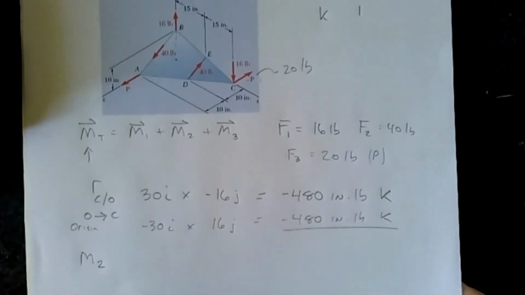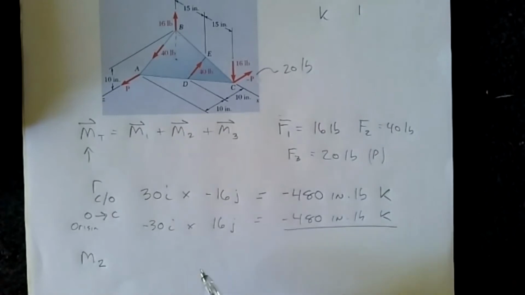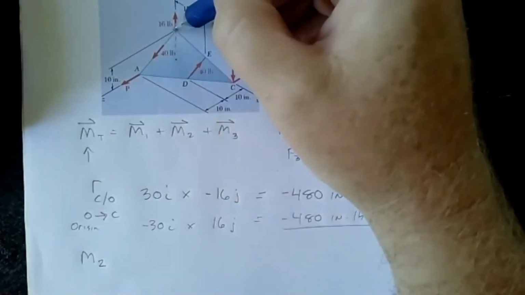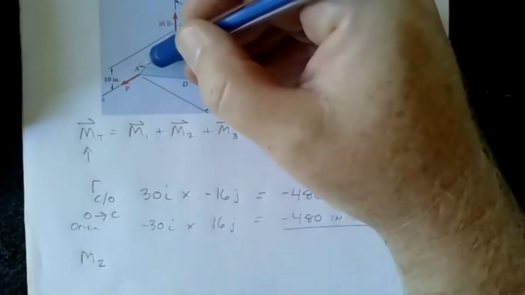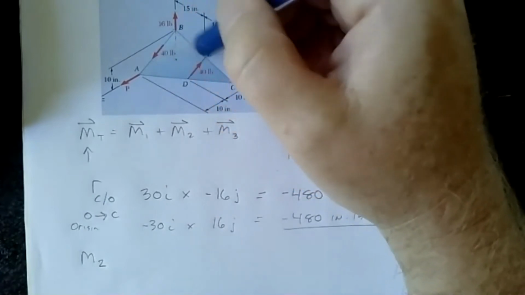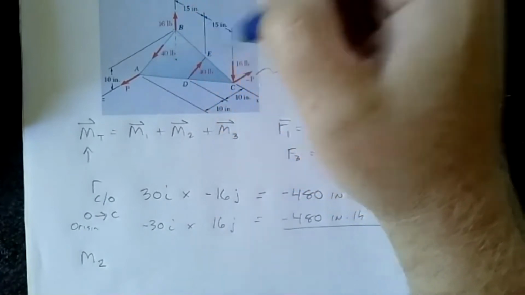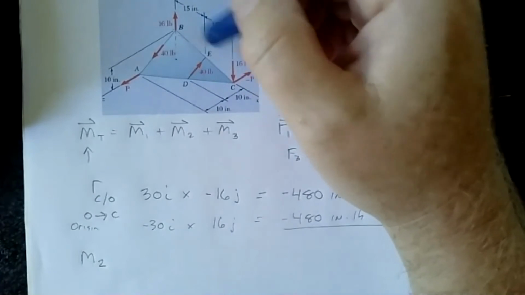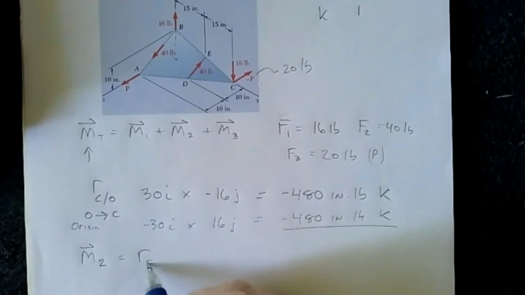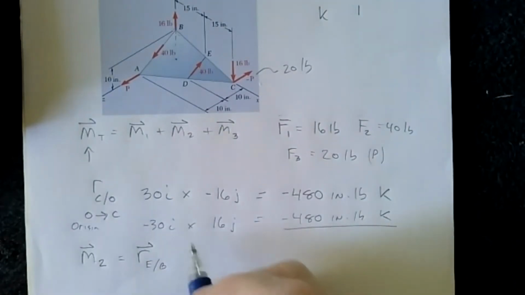Notice the M2, the 40 pounds, we can either go from B to E or A to D. It doesn't matter; you're just picking, or anywhere in between. But when I did it, I went E relative to B. So I said M2 is equal to R E relative to B, and then that crossed with F2.